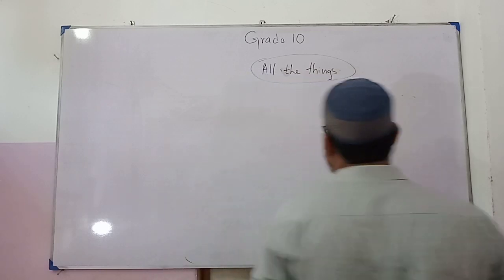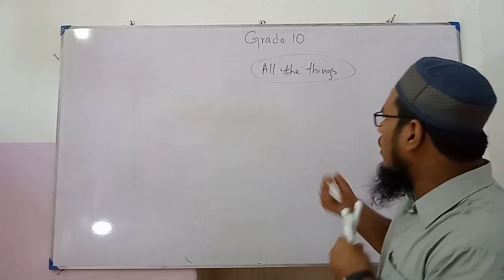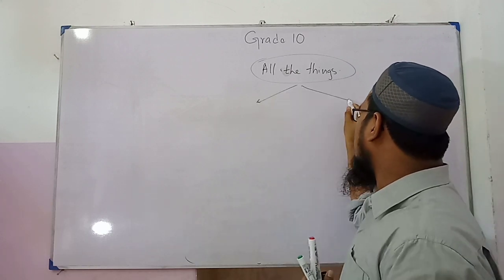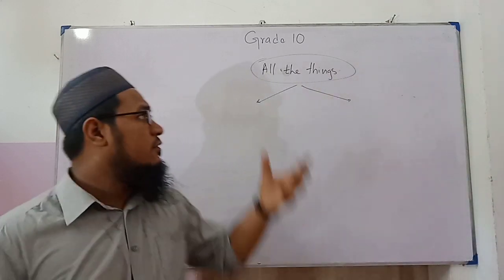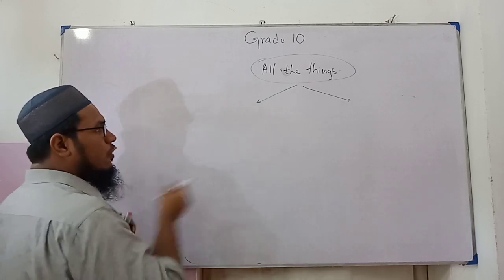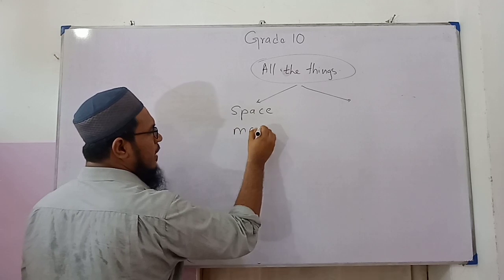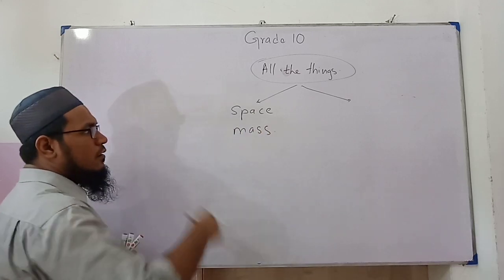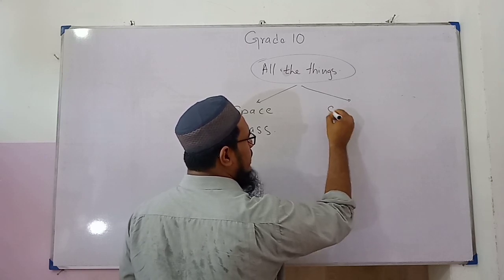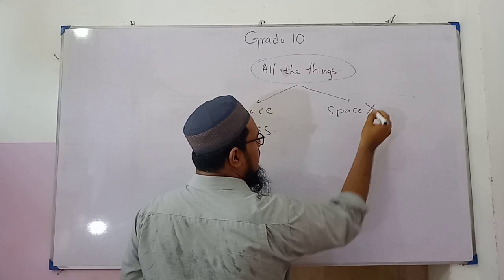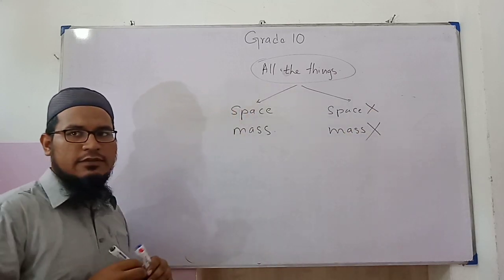But today we are going to see how the chemists are going to divide this. So according to chemistry, we have two categories. The first one is, in this category, the things which fall into this category occupy space and have a mass. The second is the thing which does not occupy space and does not have a specific mass.